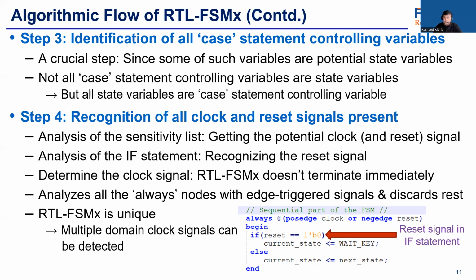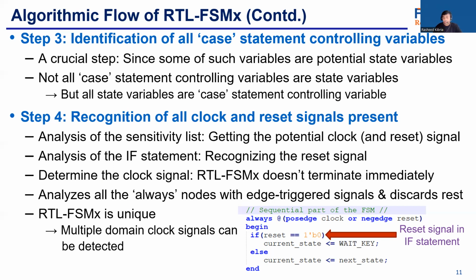In the fourth stage, we recognize all the clock and reset signals present in the RTL design, and we do this via analysis of the sensitivity list, from which we get the clock signal and the reset signal if present. Analysis of the if statement is required to recognize the reset signal correctly. Then we determine the clock signals. One thing needs to be mentioned here: RTL-FSMx does not terminate immediately upon encountering the first clock signal.